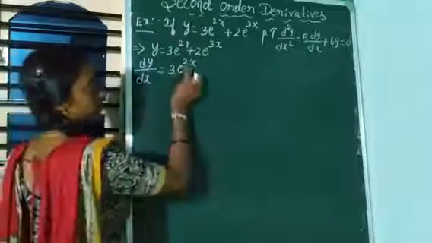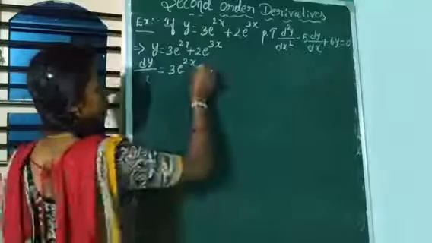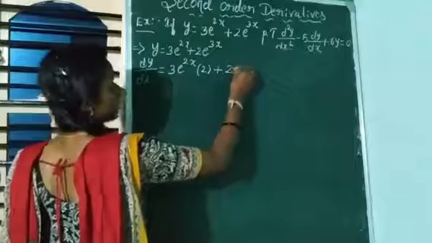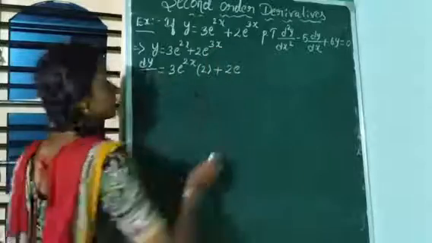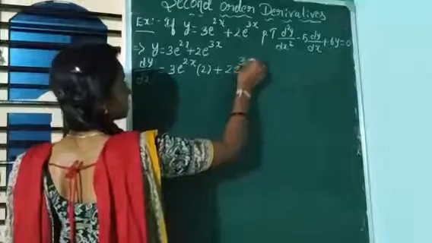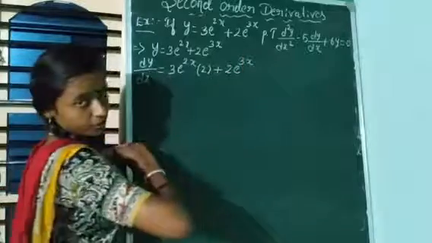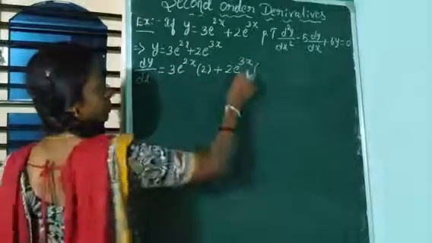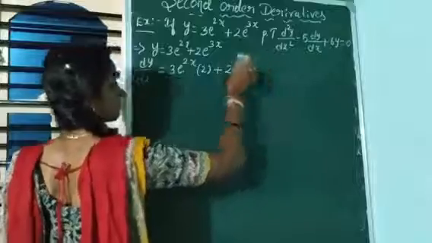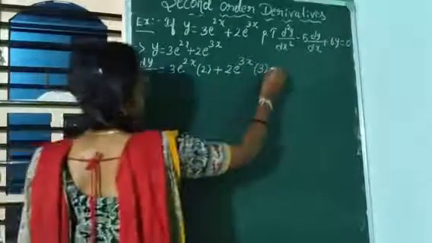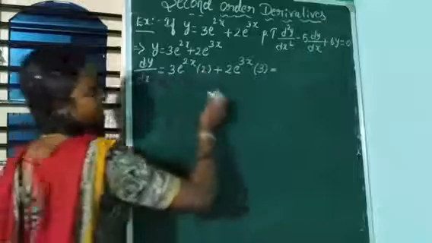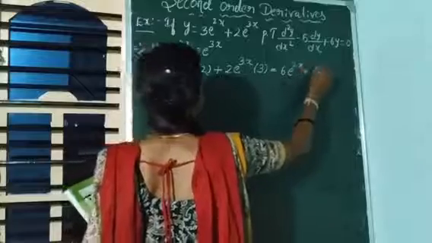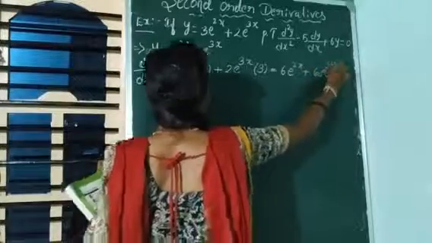So 2x derivative is 2, plus 2 into, again the exponential derivative is the same function, you just write it. Once you write the same exponential function, after that you have to differentiate the power of e, which is 3x, derivative is 3. I will just write directly, 2 into 3 is 6. 6 times e power 2x plus again 6 times e power 3x.